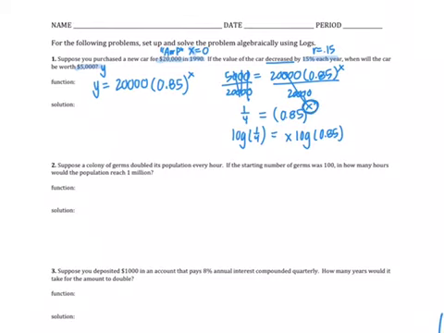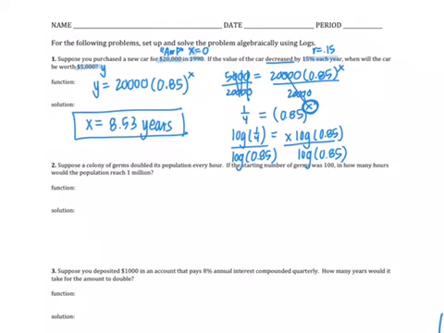I can go ahead and move it to the coefficient of the log expression because it's an exponent of the argument. Then from there, I'm just going to divide both sides by the log of 0.85. And then I will get what x is. So x should be 8.530, so I don't need to put that years. So in 8.53 years, the car will be worth $5,000.